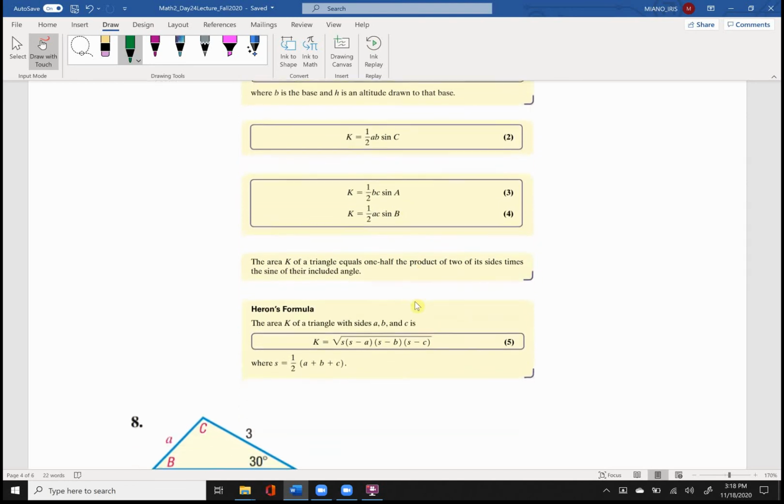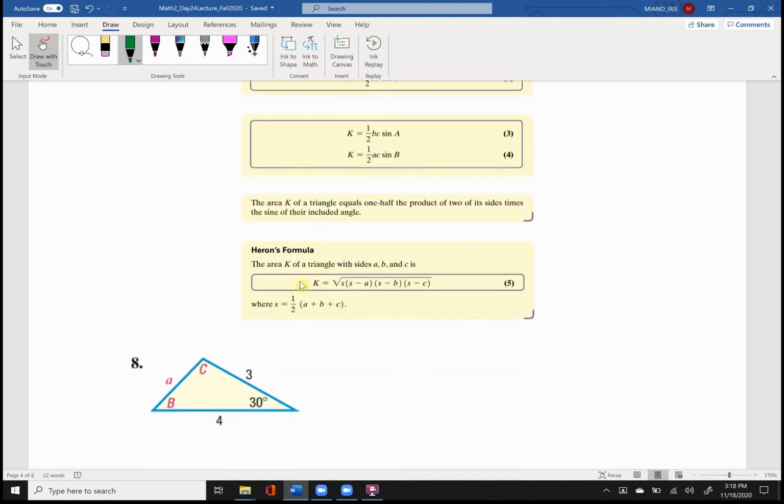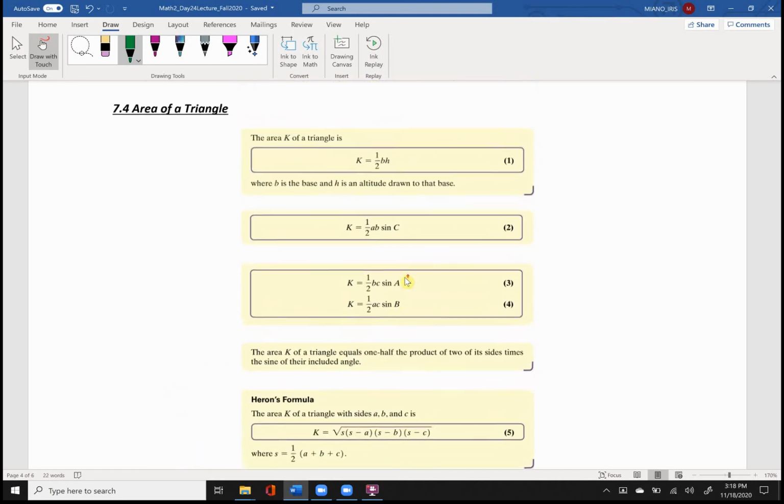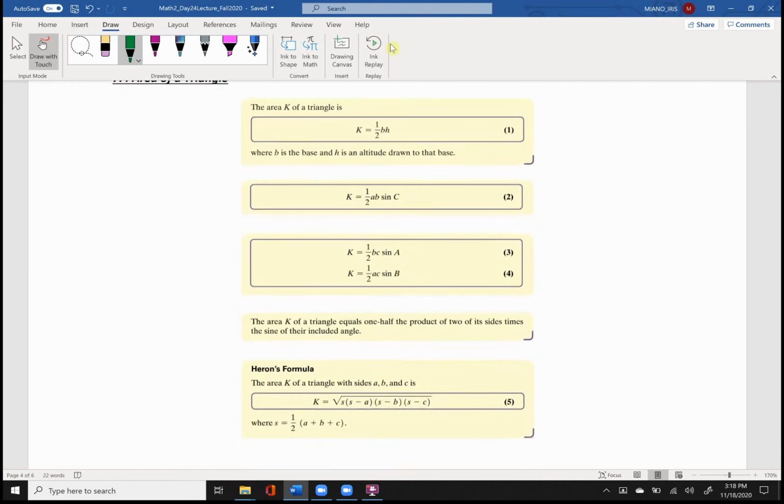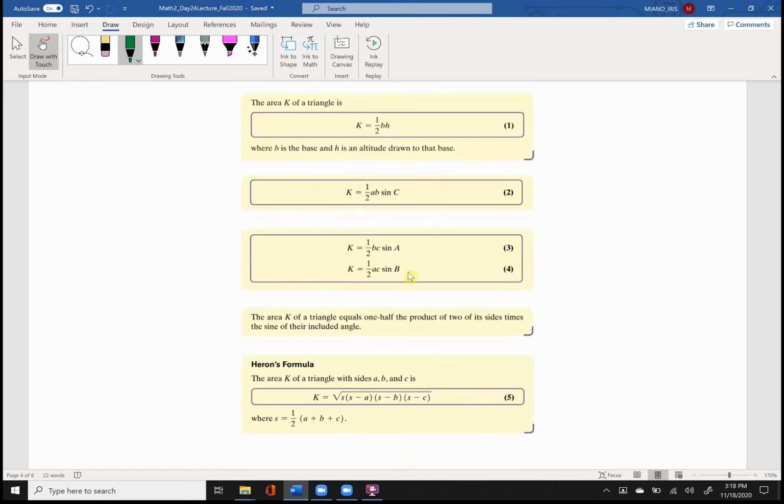If you have two side lengths and the included angle, this is the formula that you'll use.